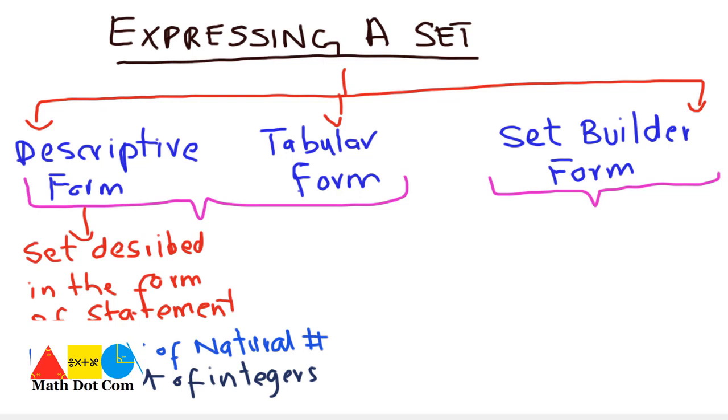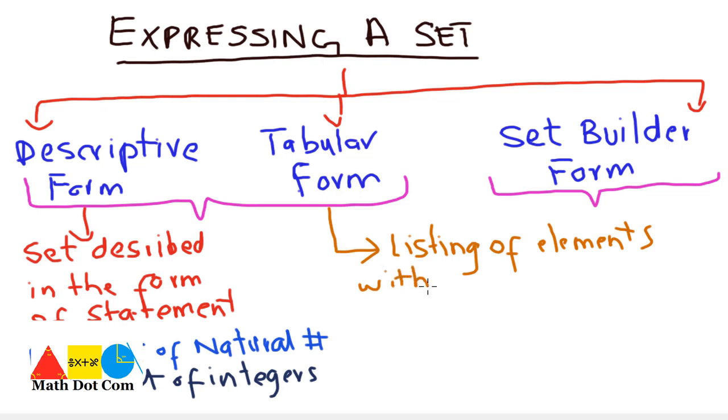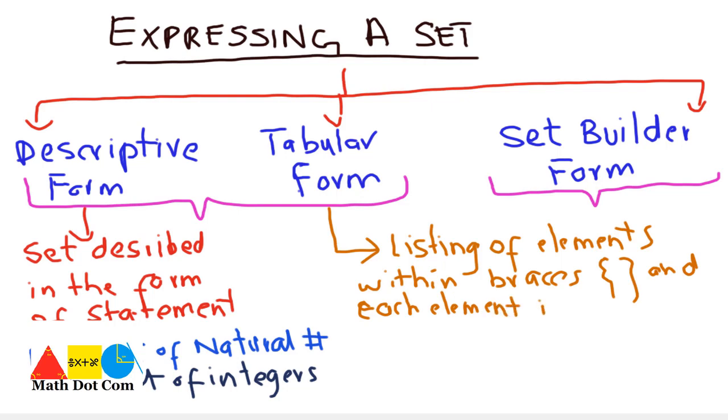Tabular form is basically a form in which you list the elements within braces, and each element is separated by a comma. So when you write a certain set in such form, it will be called the tabular form.